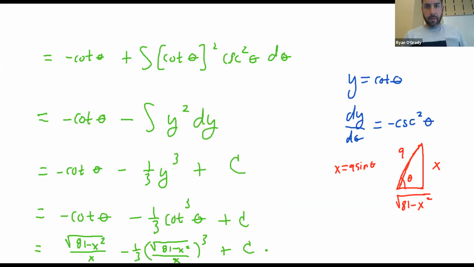So if I take my answer and I factor out a minus cotangent, what I'm left with is 1 plus 1/3 cotangent squared. I'll ignore the plus c for now. And then I'm going to replace cotangent squared with that identity that we had.